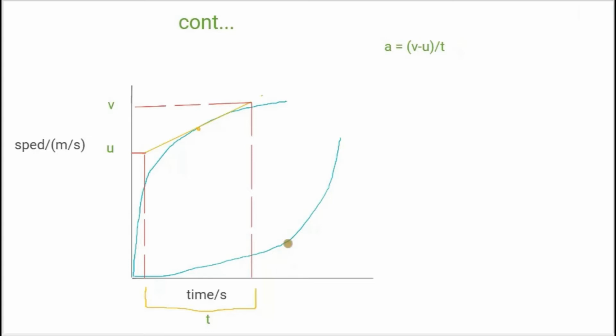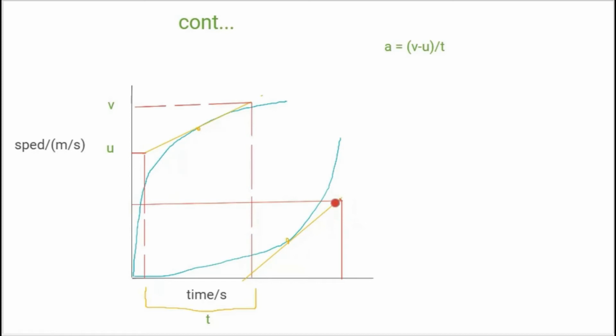Here we also do the same thing. Draw the tangent at that point. Now you see our tangent is going to touch the x-axis, meaning our u will be 0. So when our u is 0, that means we can just say acceleration is v over t. Let me label this part first. That's that, and v will be right there.